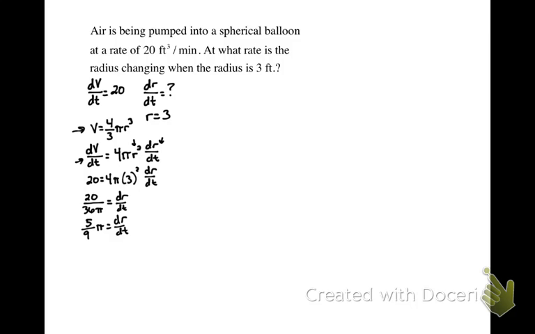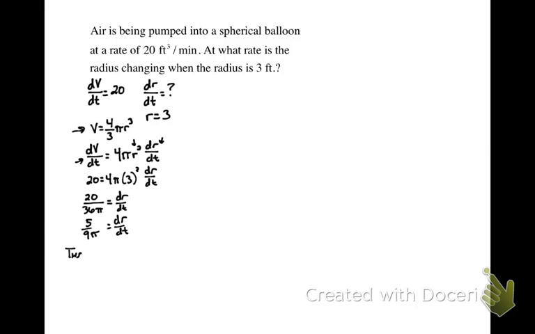The rate of change of the radius at r equals 3 is 5/9 pi. And it's real important that you're comfortable writing your answer in this way. Right?